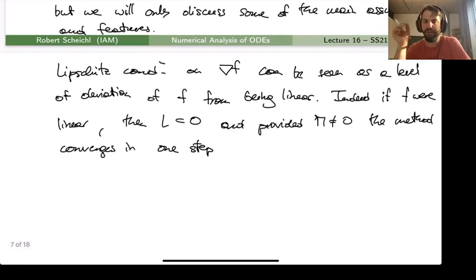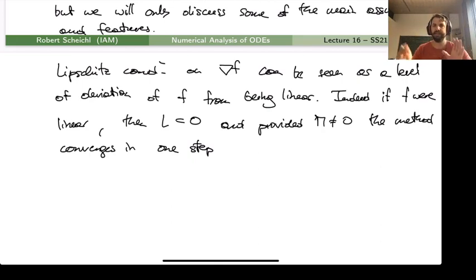So if we are linear, then this result actually shows us that we have convergence in one step with Newton's method. If we have a very small Lipschitz constant, then we will get very, very fast convergence, and we might be able to get a very close to exact solution in one step.